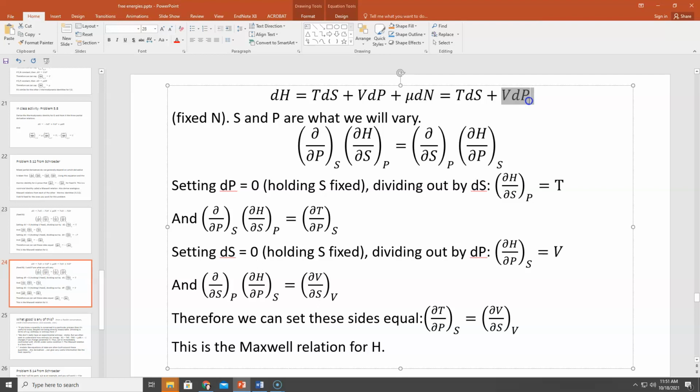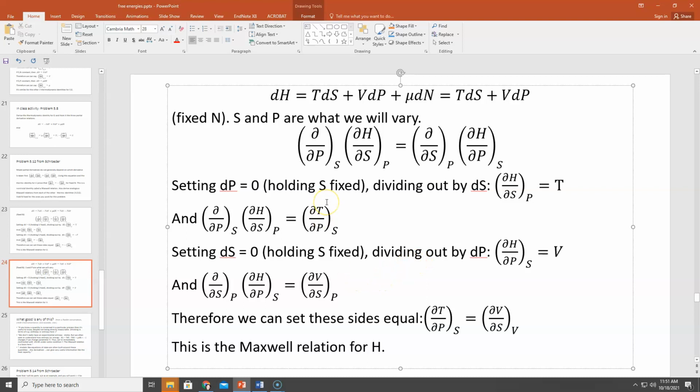So, dividing both sides by dP, dH over dP gives you V. So the partial of H with respect to P holding S and n constant would be V. You then plug that V in, and you have partial with respect to S of V. So that gives you partial V with respect to S holding, that should be P constant, that's a typo, is the other side of your Maxwell relationship, okay?